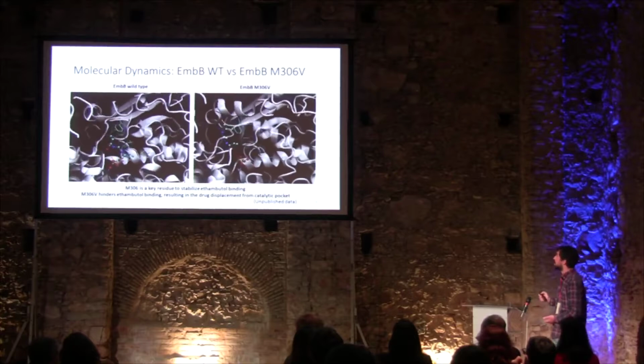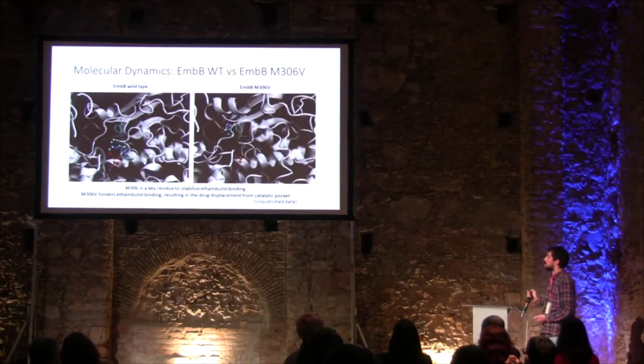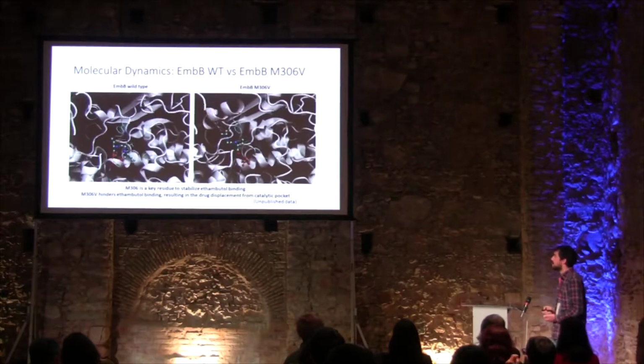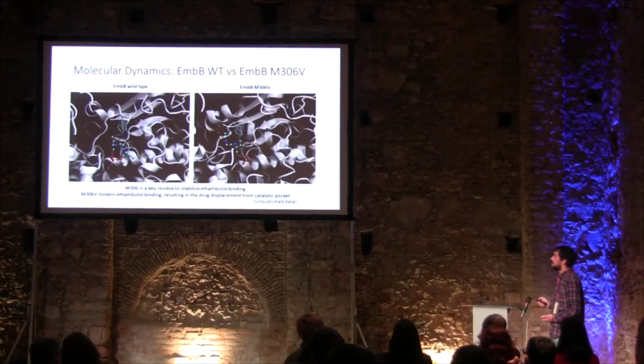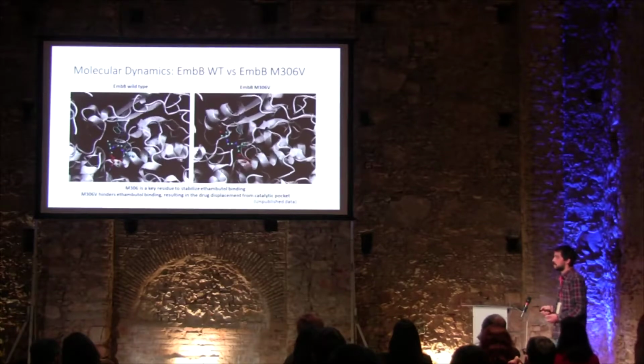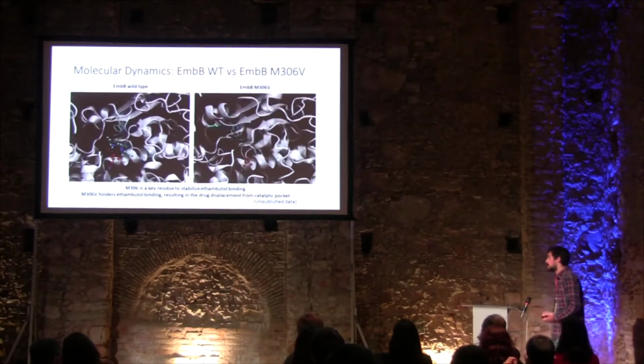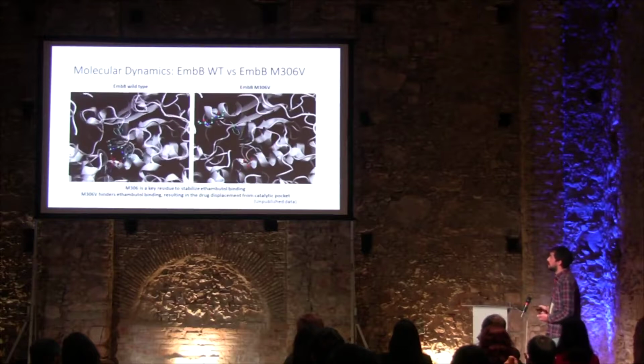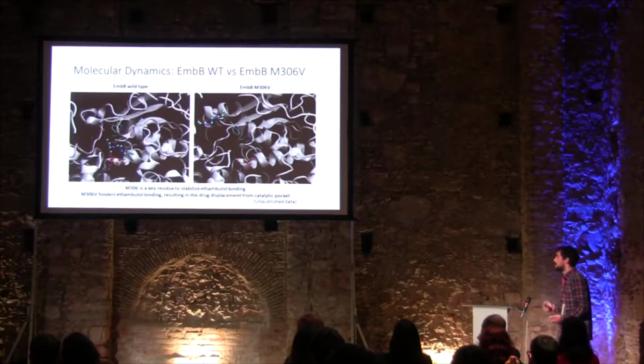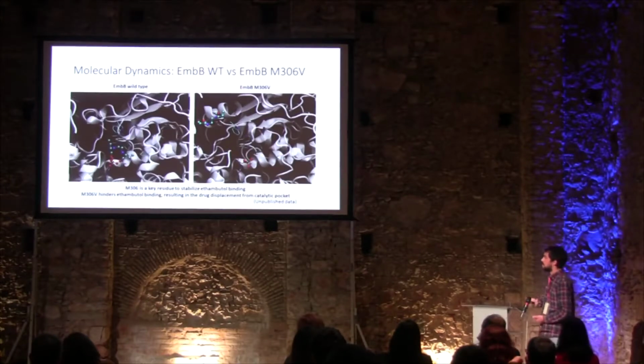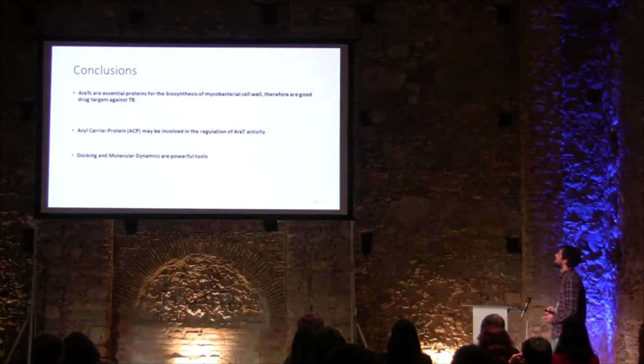But right now for this particular mutation, which is the most famous one, we can already see that it is a key residue to stabilize the drug in the cavity, and the mutation from methionine to valine hinders the binding and results in the drug displacement from the catalytic pocket.